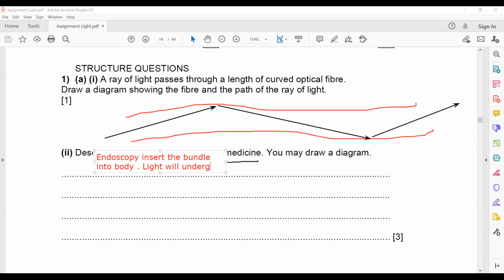The light will undergo total internal reflection, and the internal organ can be examined.